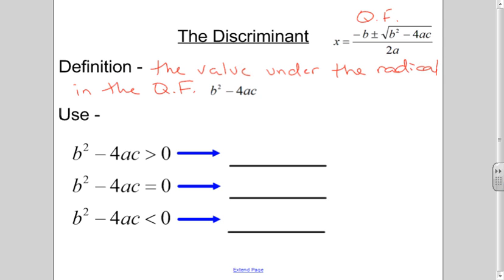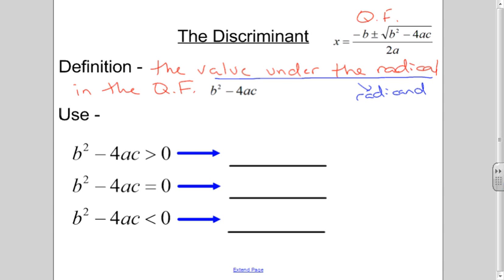This is in fact the discriminant. The discriminant is a number that you get by computing this value, b squared minus 4ac. Also, the value under the radical is also known as the radicand. Anytime you have a radical, specifically in the quadratic formula, the radicand is called the discriminant.